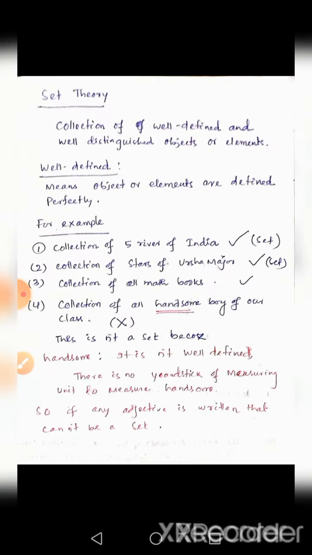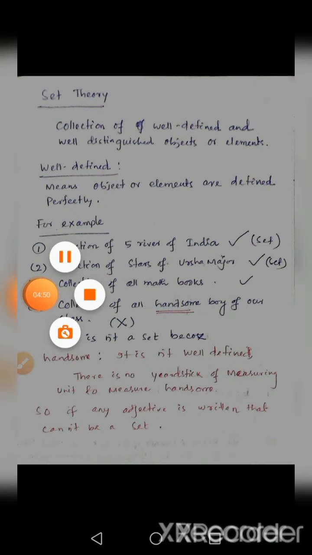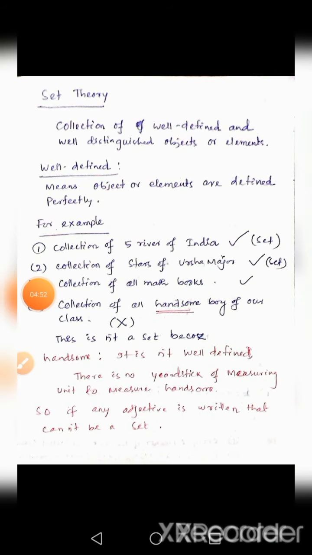So handsome is not well defined, and this is not a set. From these examples, now you can understand what a set is.